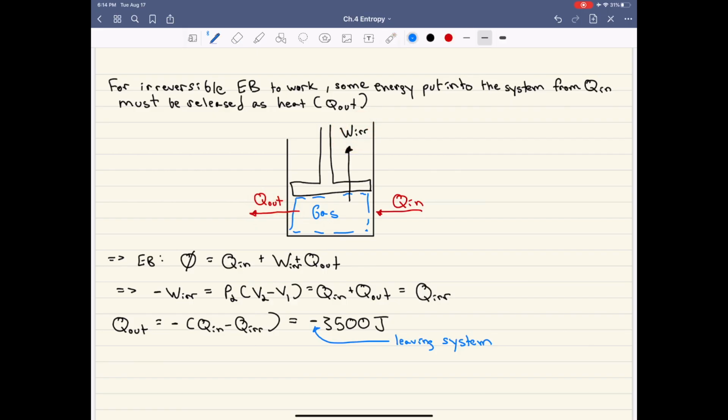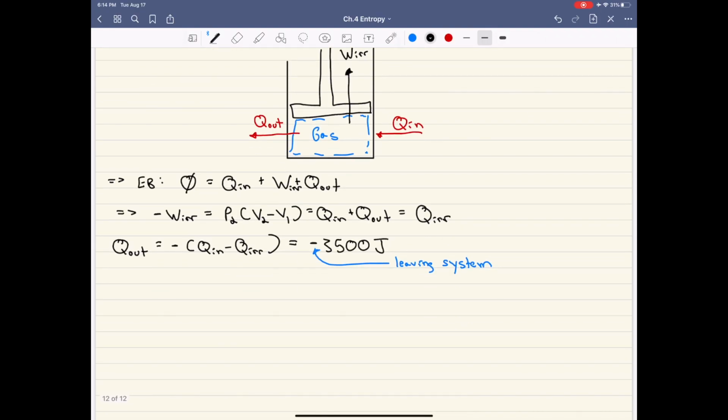And so to summarize, irreversible engines do not convert 100% of input energy into work. Right?